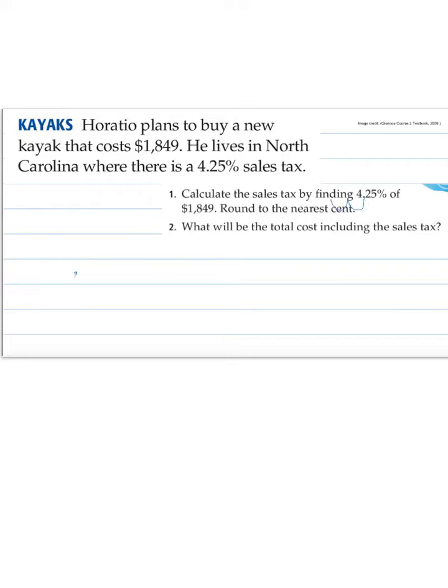So we would have 0.0425, and we multiply that by the price of the kayak. Round to the nearest cent, and since we're talking money, that's 2 spots after the decimal. Which is $78.58. Okay, so that was question 1.